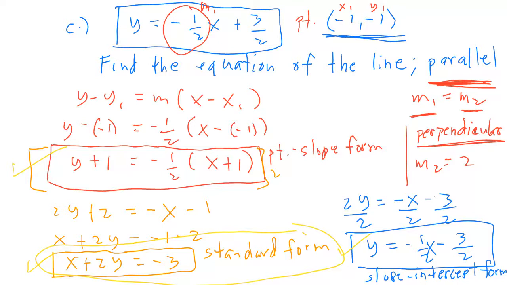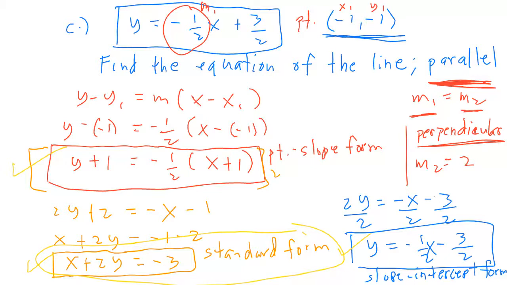The blue one is the first line that we calculated, given the 2 points earlier. And then solving the last problem on C, which is finding the line that is parallel to the first line, given the line and given a point.